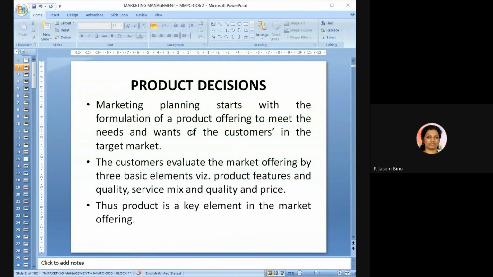As a buyer or a customer, they'll be evaluating a market offering based on three basic elements, that is the features of the product, the quality and the service mix of the product, and the quality and the price. These are the main things customers will be considering when they are evaluating the market offering. So product is the main or the key element in the market offering.